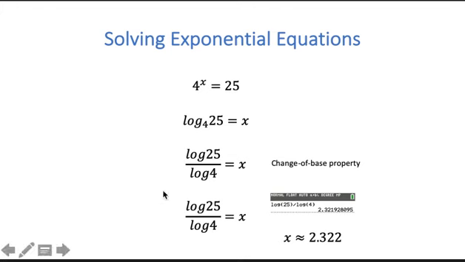So this is the exact answer, and this is our approximated answer. Make sure you're paying attention to that when you're doing your homework. A lot of times students make the mistake and think, oh, the decimal is the exact answer. It is not. The decimal is the approximate.